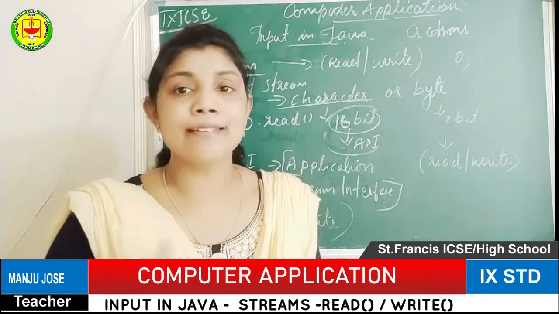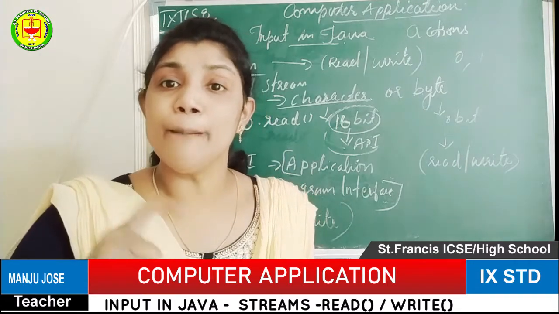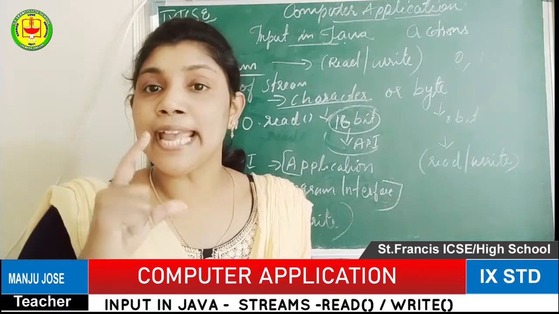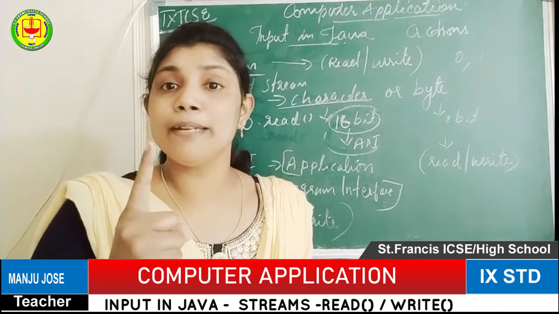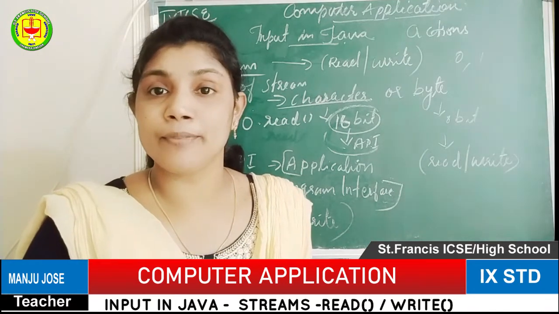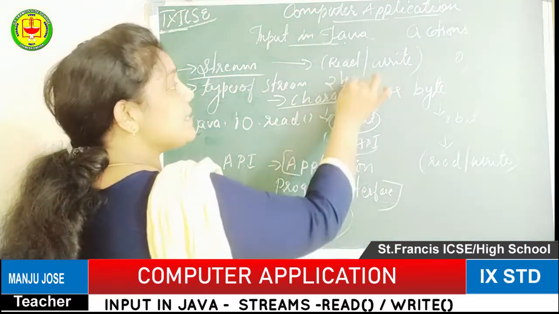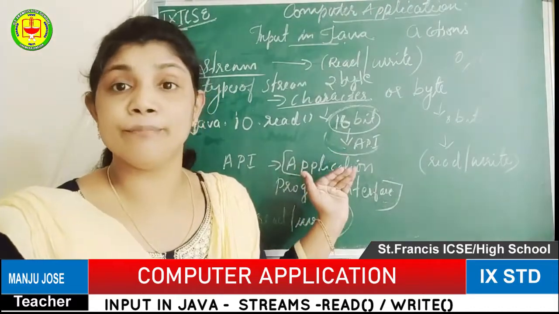Two-byte data converted to bit format gives 16 bits. 8 bits is called 1 byte, so 16 bits means 8 plus 8. That is called 2-byte data. So 2-byte data they are accepting from the user.